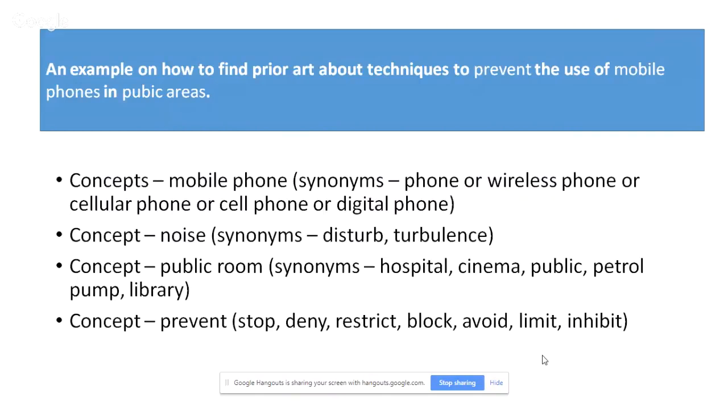The synonyms there could be hospital, cinema, public areas, petrol pump, library, etc. The last concept is prevent. We need to stop, deny, restrict, block, avoid, limit, inhibit the use of the mobile phones in the public space.